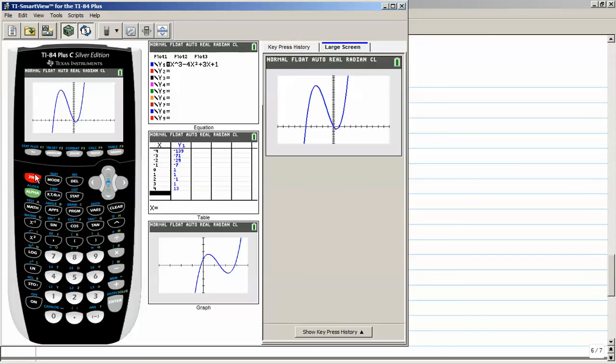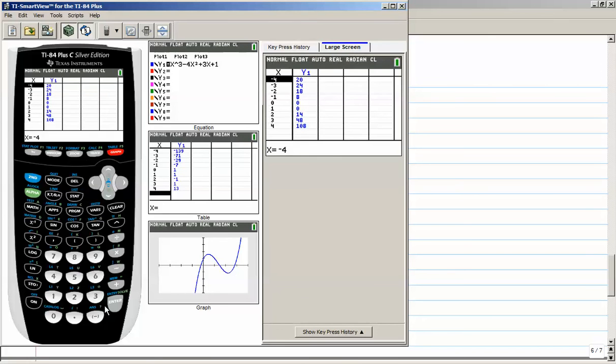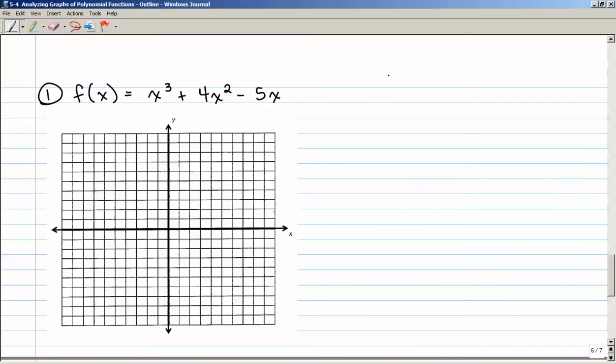So let's go ahead and make the table from -6 up to +2, because that's kind of where all the action is happening. Okay, and I do have some really big values here. So I'll go ahead and copy that over here.